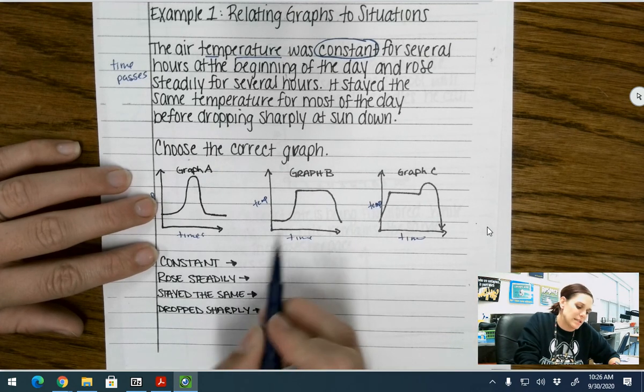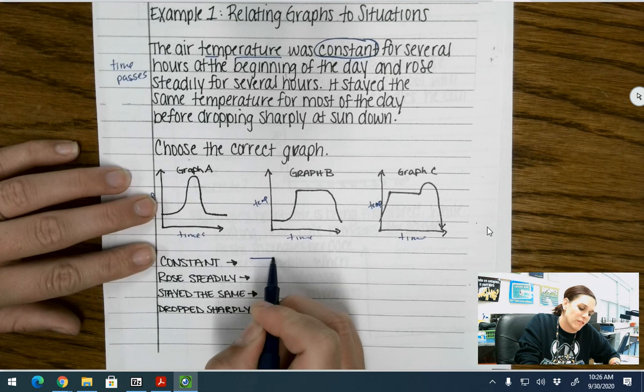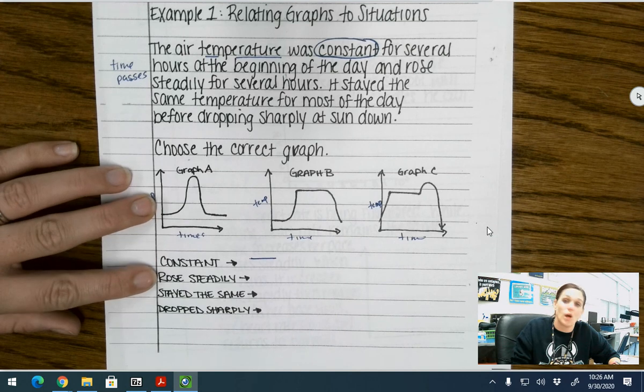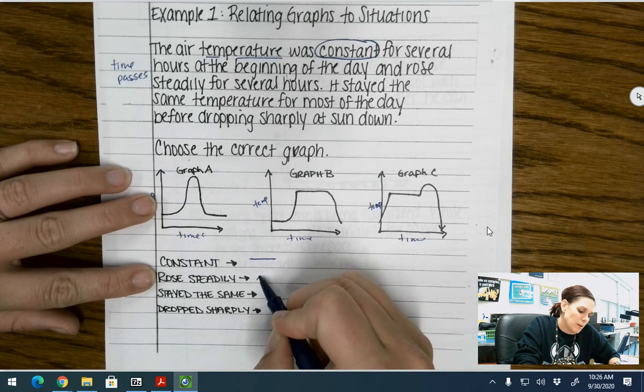So the word constant means that my line is probably going to be going flat across. It is consistently that temperature. Rising steadily is going to be an incline. However, is it really, really steep? Probably not.